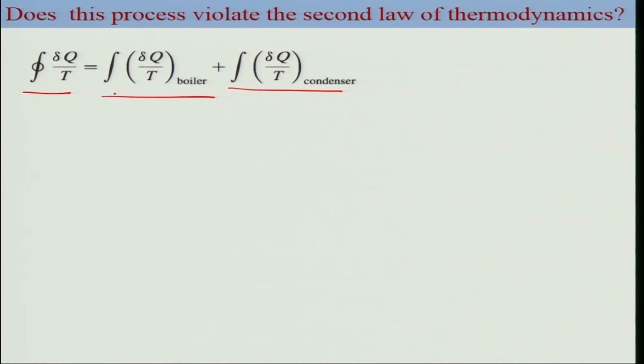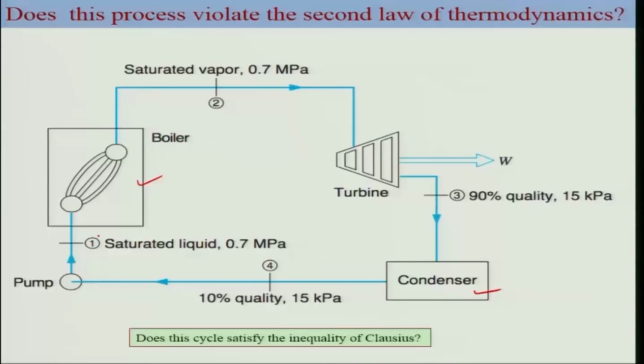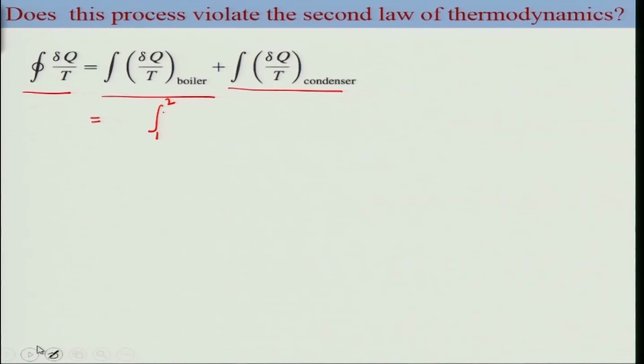Let's assume the heat corresponding to the boiler is going to be your Q, from 1 to 2. If you look at your process, this is 1 and this is 2. This is going to be the heat supplied to the boiler, Q1 2, and this is going to be your Q3 4, the heat rejected from the condenser.